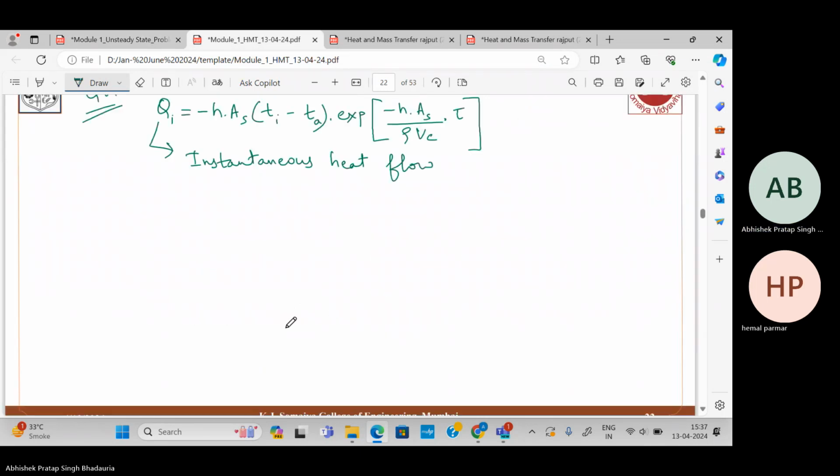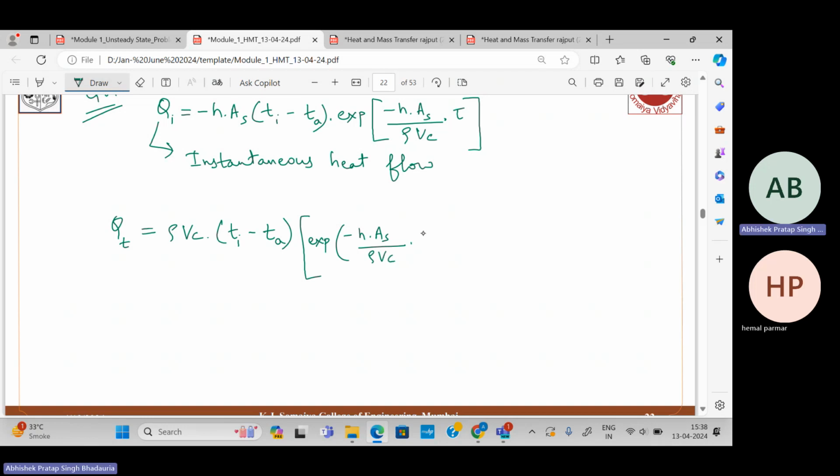The expression for the total heat energy is rho V c times (T_i minus T_a) into, in brackets, exponential of minus hA_s divided by rho V c multiplied by tau, minus 1.